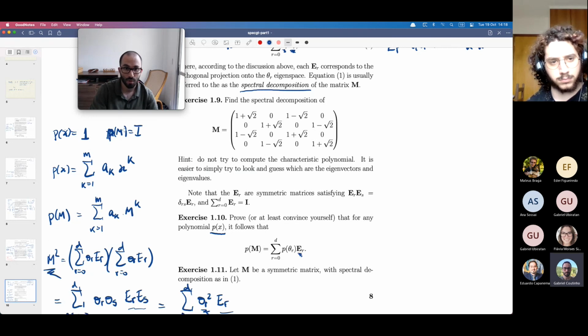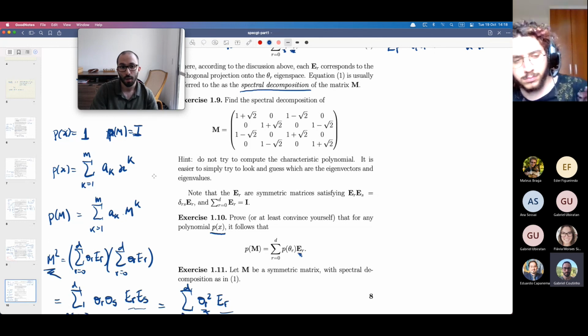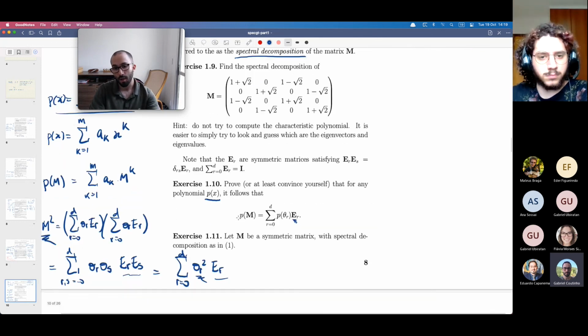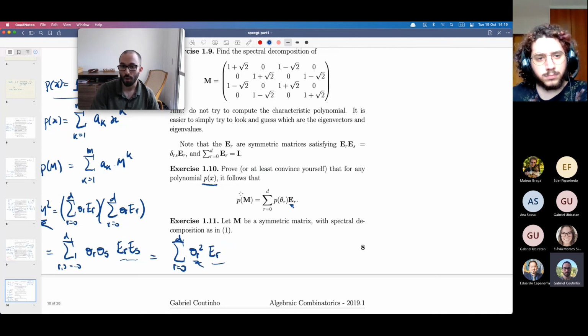So constants map to the identity matrix. With this understanding, it's not difficult to believe that whenever you apply a polynomial to M, that's exactly the same thing as applying the polynomial to each one of the eigenvalues. Okay.